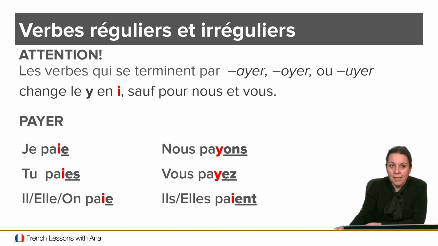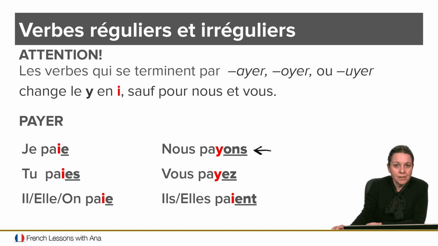So this Y is going to change into an I. Look at the verb payer, to pay. Following this rule, it's an ER verb. You're going to add the ER endings, but you're going to change that Y into an I. You're going to do exactly what it says, right? So, je paie. Tu paies. Il paie. Elle paie. On paie. Nous payons.